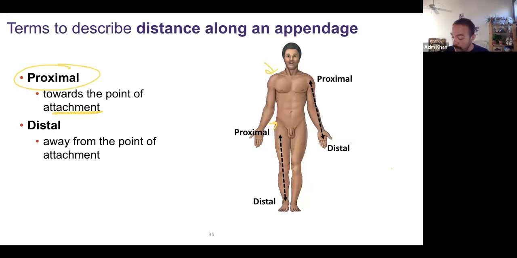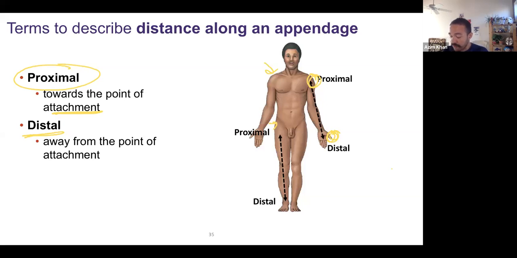For example, my shoulder is proximal to my thumb. If you want to say something that's farther along the appendage, you could say it the opposite. My thumb is distal to my shoulder. That's for the arm.